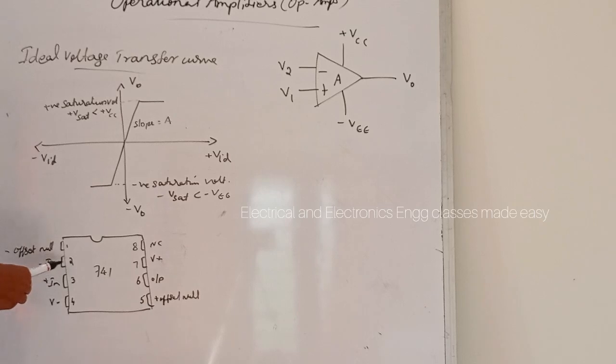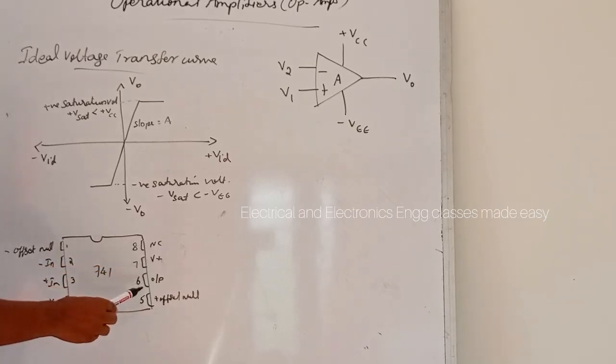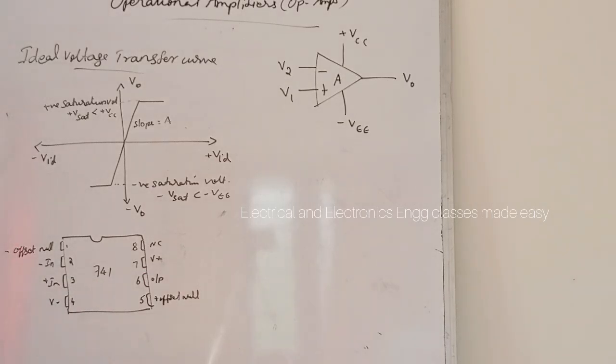Here 2 is the inverting input, 3 is the non-inverting input, 4 is minus VEE, 7 is plus VCC, and 6 is the output. So this is about the basics of op-amps, that is operational amplifier.